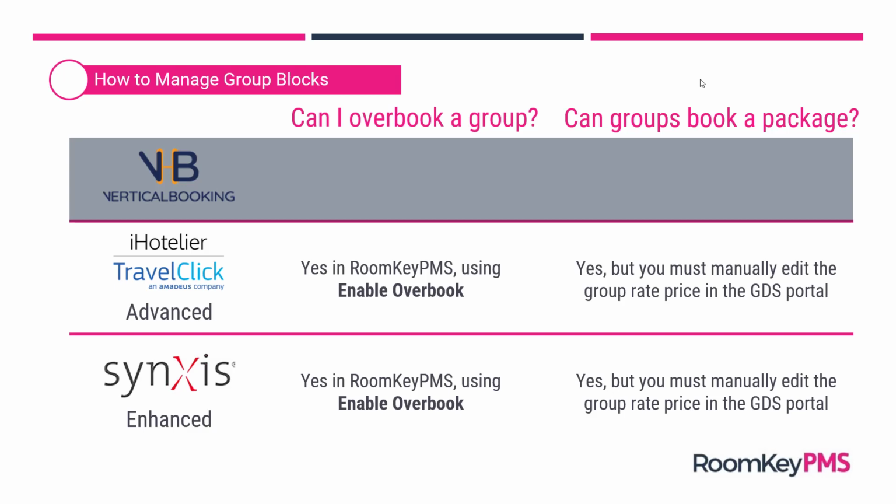So you do have to go into your GDS portal and manually edit the group rate price in the portal itself. And then that way, any reservations that are booked through that connectivity partner will be booked at the correct price for the group. And when the reservation is pushed into RoomKey, it'll come through with the correct package rate in that case.